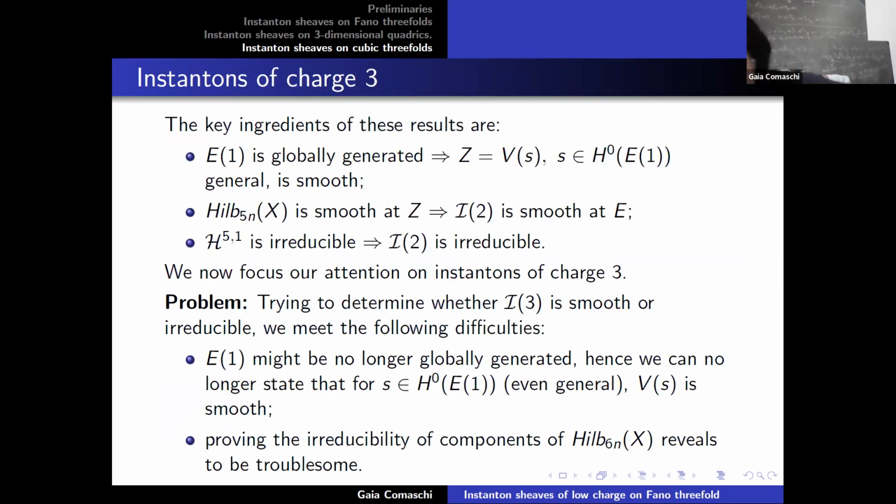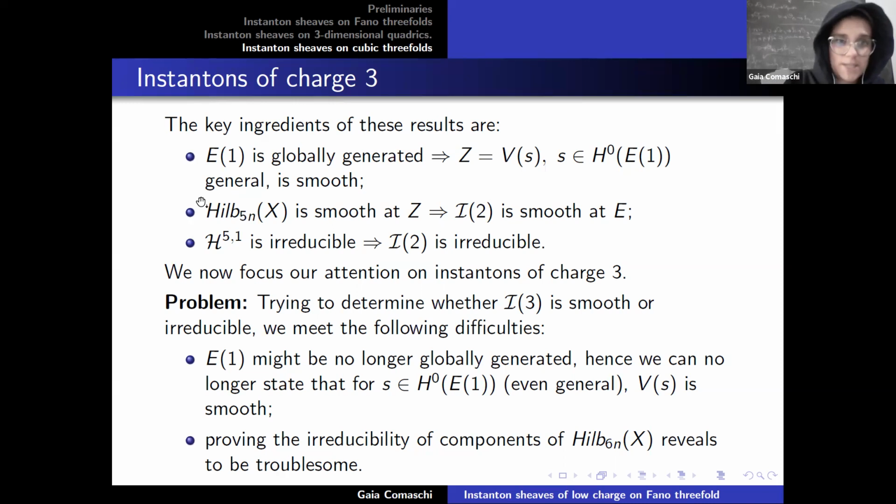So the key ingredients of these results are the following. The fact that E twisted by 1 is globally generated, which ensures that a general global section of this twist vanishes along a smooth elliptic quintic.